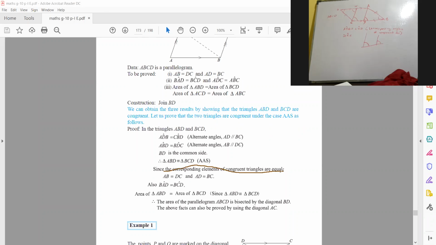Here we are not considering the corresponding angles of parallel lines. We are considering the corresponding elements of the congruent triangles. Therefore, this angle AYB becomes equal to this angle CXD, right? I will explain it so you can easily understand.